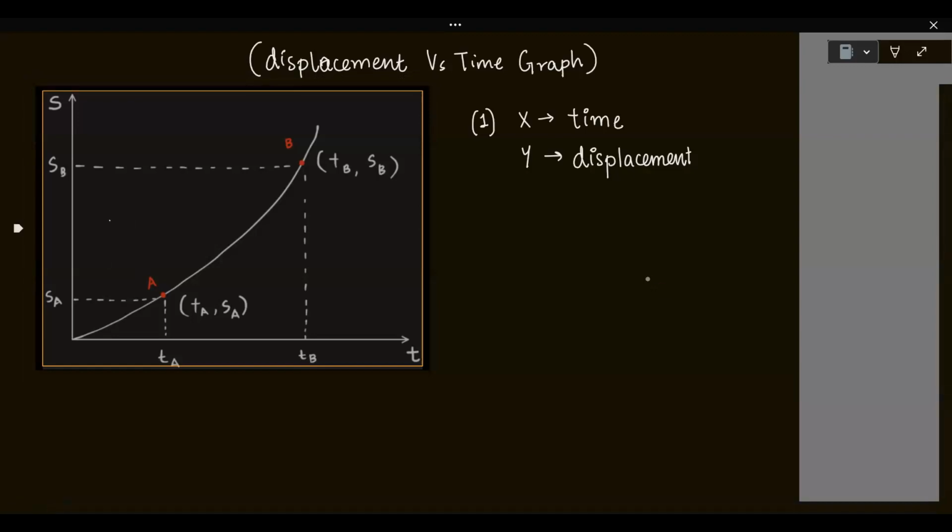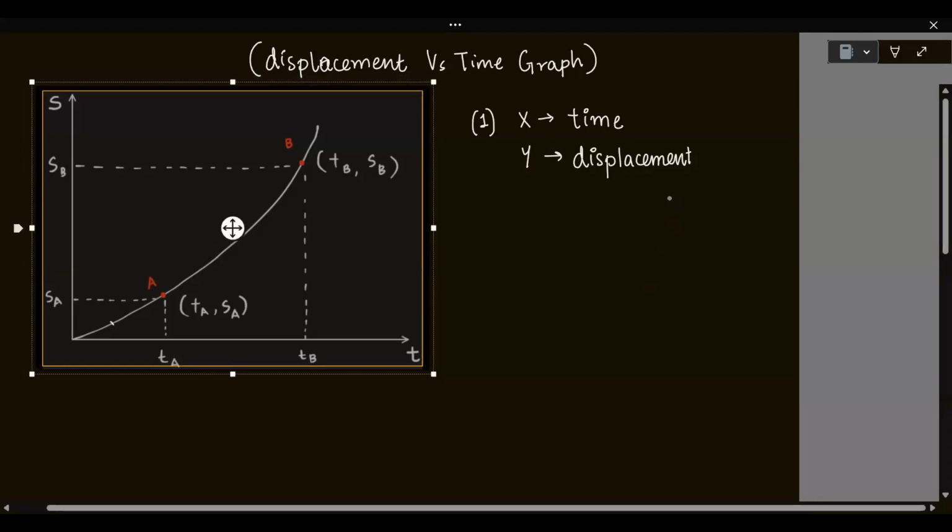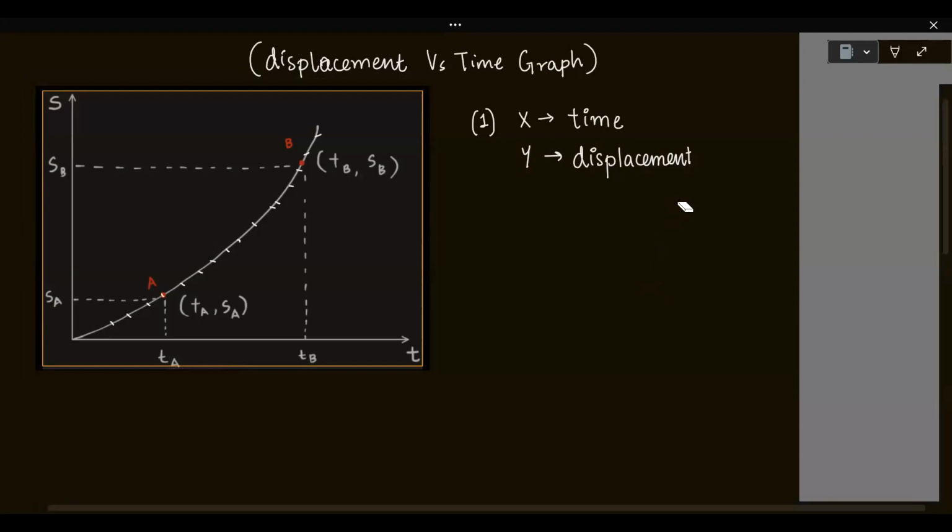Looking at the graph, it makes a positive angle with the x-axis. But I think you have to understand this has nothing to do with angles or slope. You see that the graph is going up. That means as time progresses, the displacement value keeps on increasing. This is a displacement time graph.